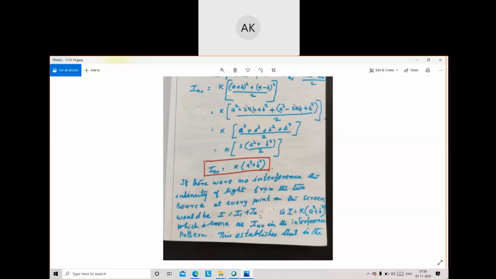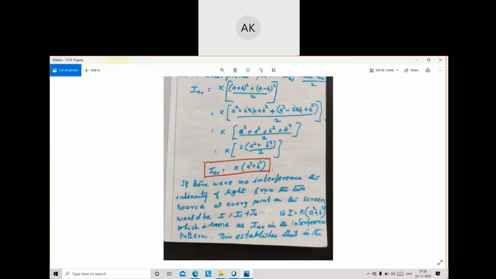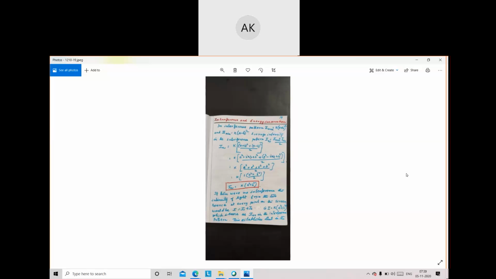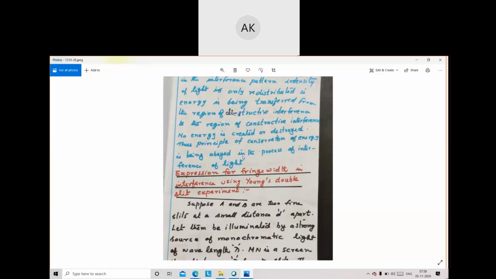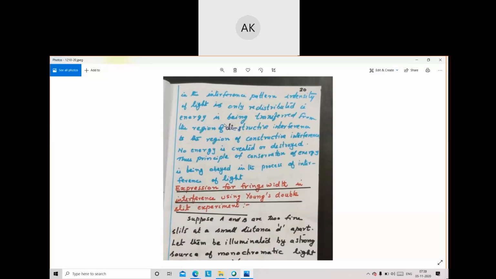The average energy in the interference pattern is the same. The energy lost at destructive interference is gained at constructive interference. No energy is created or destroyed. Thus, the principle of conservation of energy is obeyed in the process of interference.